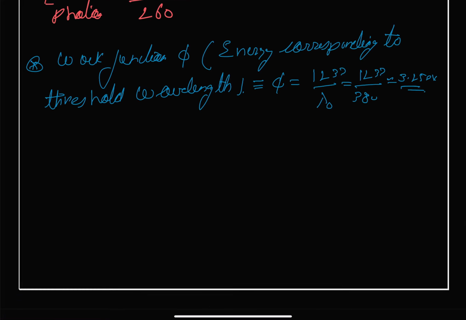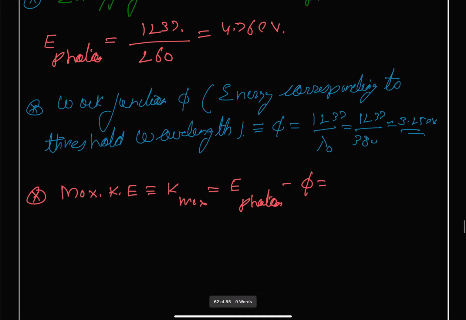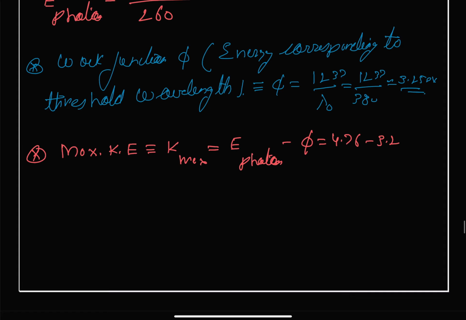Maximum kinetic energy, let us suppose that is our K max, will be equal to the energy of the photon minus the work function. Energy of photon is 4.76 minus 3.25.